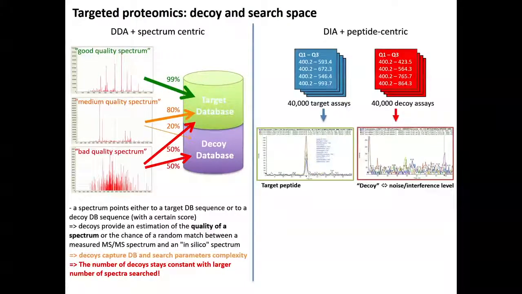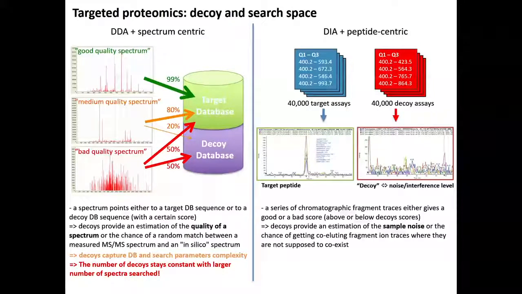Then you also generate in parallel 40,000 decoy assays, and for these 40,000 decoy assays, you also get 40,000 decoy chromatograms that you score. Here the decoys capture a very different concept. They provide an estimation of the sample noise, or, as I mentioned earlier, the chance that you get, by chance, coelution of fragment traces that are not supposed to exist in these samples.